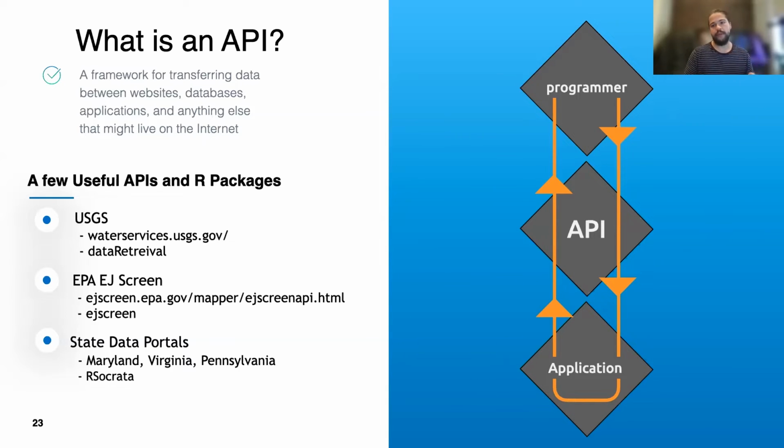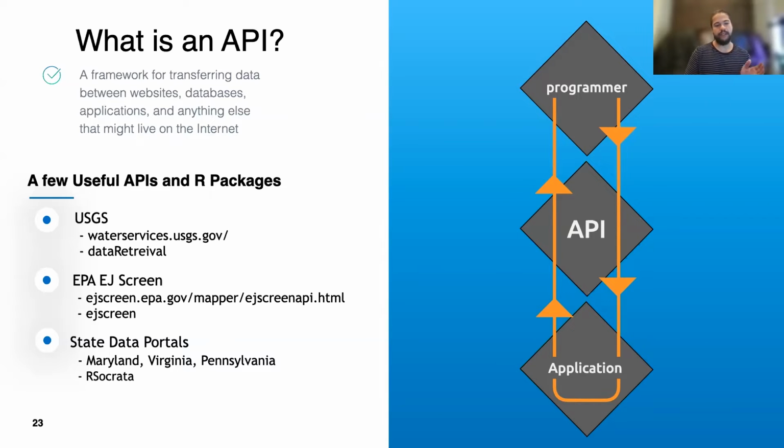What's really cool about this one is you're able to actually build API queries in their mapping application. As with USGS, they also have a sister package called EJSCREEN, which allows you to access the data in R without building out full API queries.